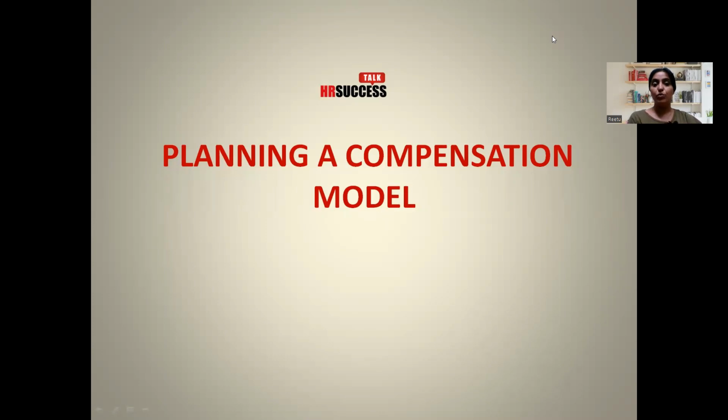We would not go too much into detail, but on a very high level we would understand that it is not just about bringing different pieces together to build a compensation structure, but there is a lot more that goes behind a justifiable and comprehensive compensation model. And let's go for it. So, planning a compensation model.